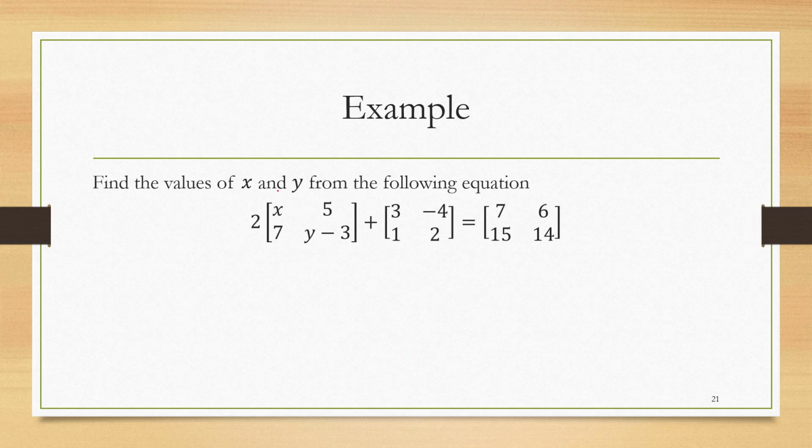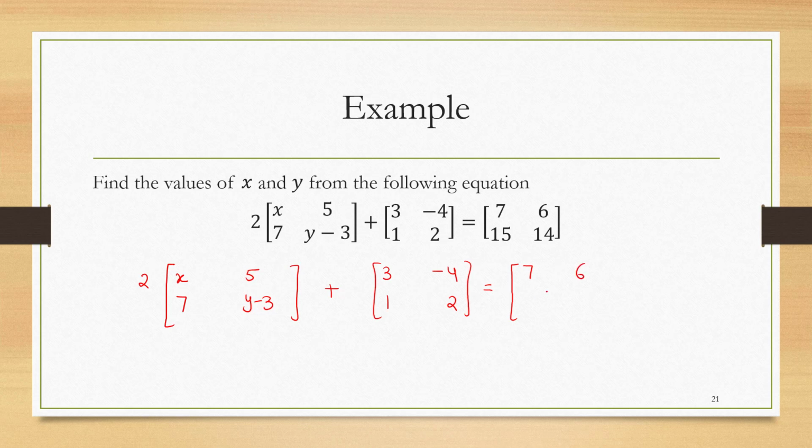Another example, we have to find the values of elements x and y from the following equation. So let's see, 2 times x, 5, 7, y minus 3, plus 3, minus 4, 1, 2 is equal to, it is given to be 7, 6, 15, 14.